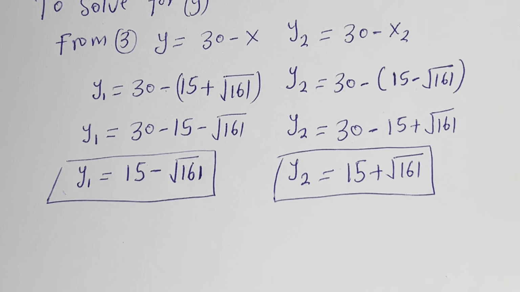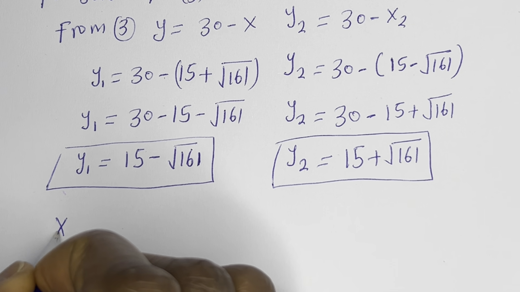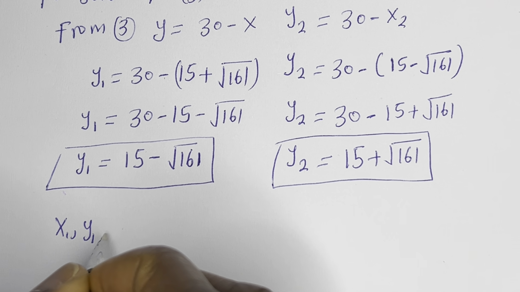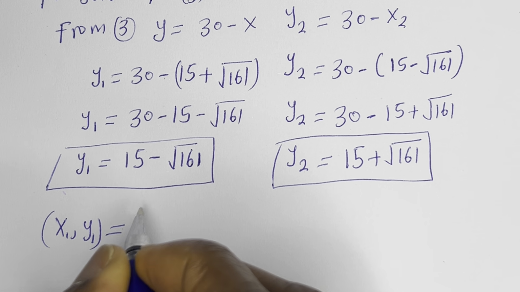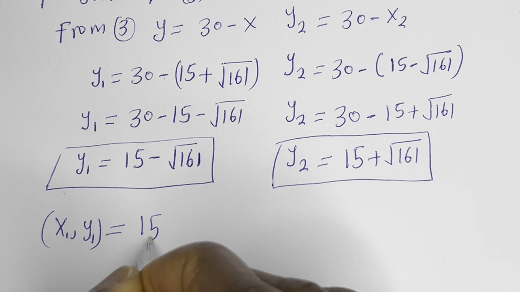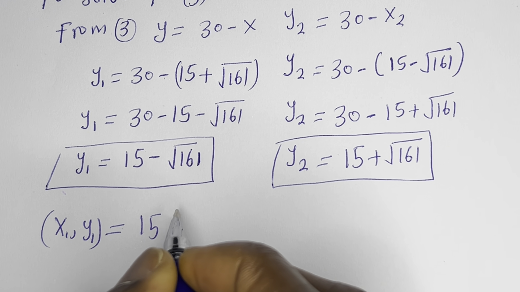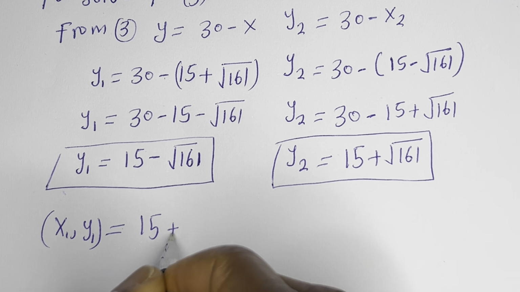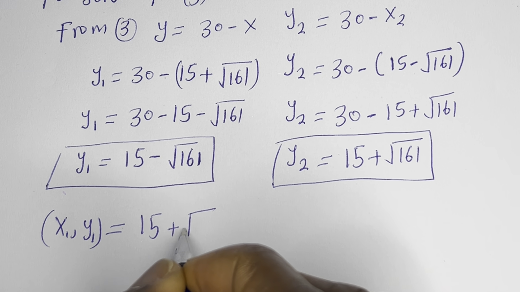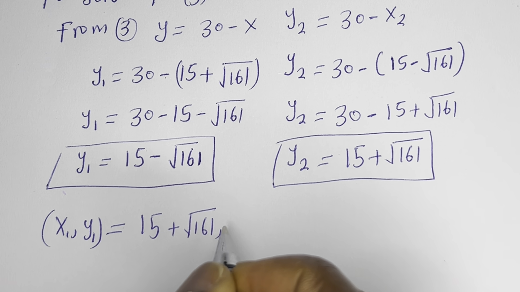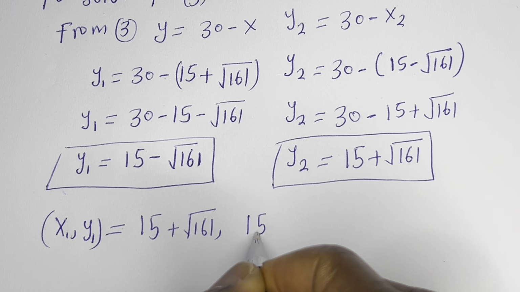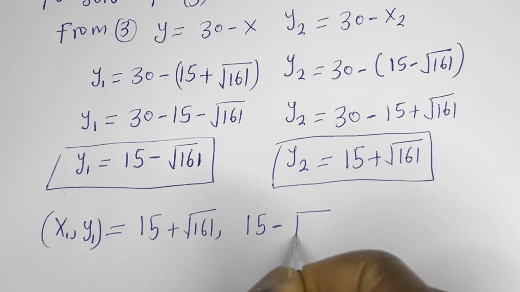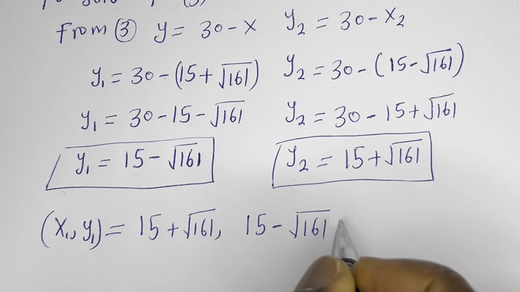Therefore, our final answers are x1, y1 is equal to 15 plus square root of 161, 15 minus square root of 161.